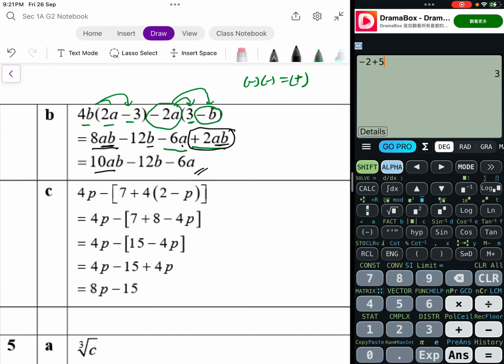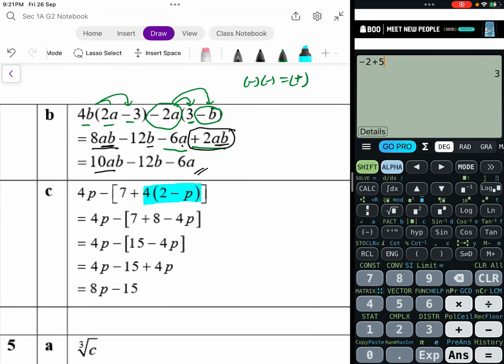Okay, next one. Again, solve the inside one first. Then solve the outside one. Then we solve this one. So inside one first, 4 times 2 times minus p, 8 minus 4p. Plus 7, so these two can add together, you get 15 minus 4p.